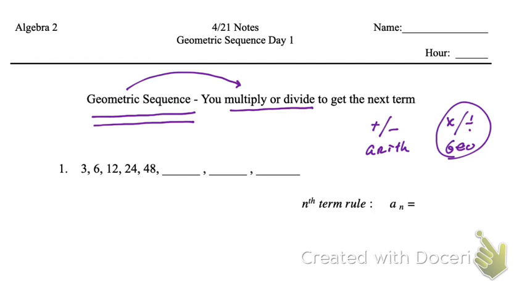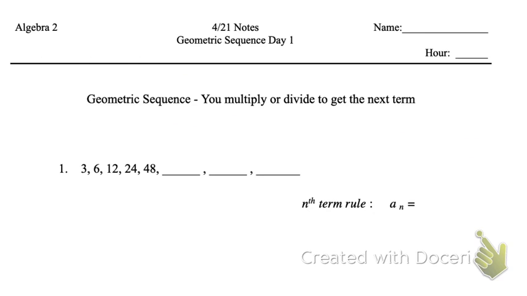Today we're going to explore the ins and outs of what a geometric sequence is. So we look at number one here, and we scan our list like we did last week, looking from one term to the next to figure out what's going on. Well, we're multiplying by 2. 3 times 2 is 6. 6 times 2 is 12.